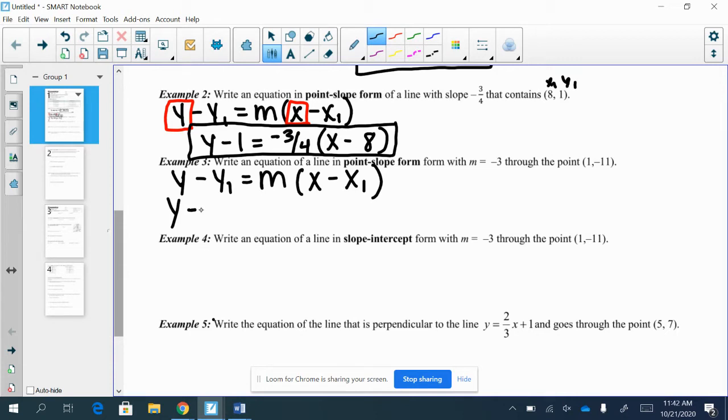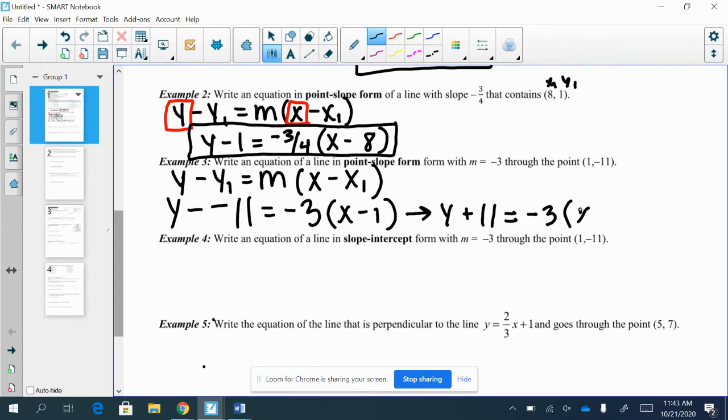So now I'm going to say minus -11. Our slope is -3, and our x1 value is 1. Let's go ahead and simplify that even more. So y plus 11, because y minus -11 becomes plus, is equal to -3 times x minus 1. Okay, so always simplify those double negatives if you have them.